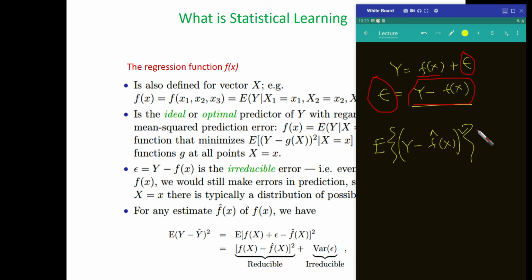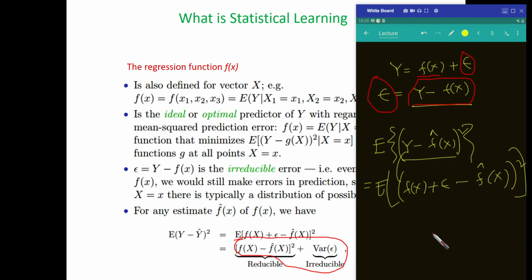I don't know if you know it or not, but I will explain it maybe some time later. If you expand it, let's say this y is basically your f of x plus epsilon, and then you have this estimated one, and this square, and then you take the expected value of that. You just need to expand that, and you will get this.